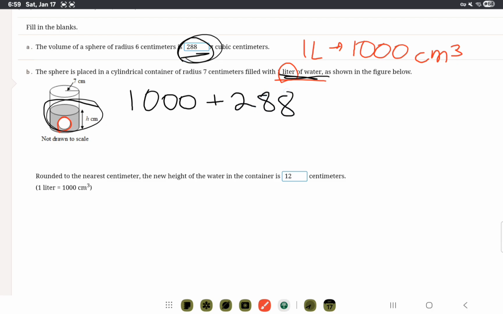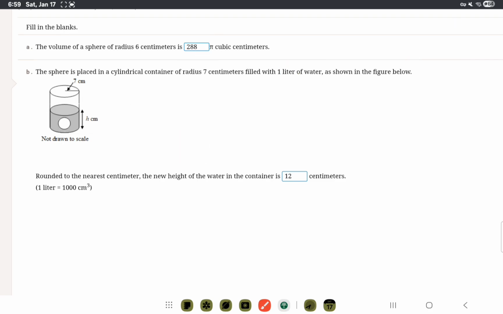By the way, you must add the pi in your calculation, just add it. 1000 plus 288 pi on my calculator, and I'm going to get 1904.7, actually 1905 rounded. I like rounding values. So now the total volume is equal to 1905.